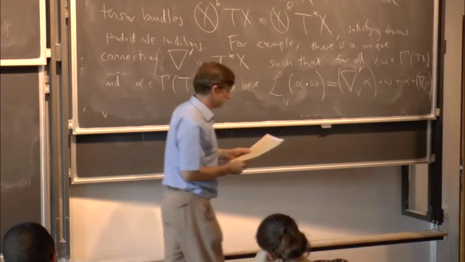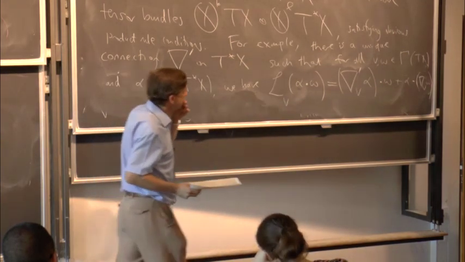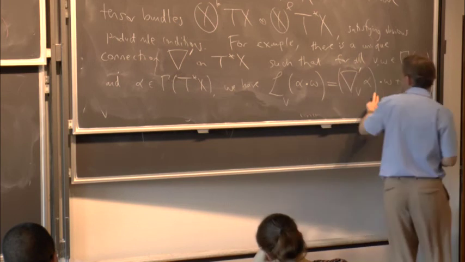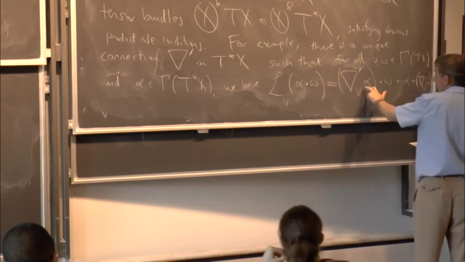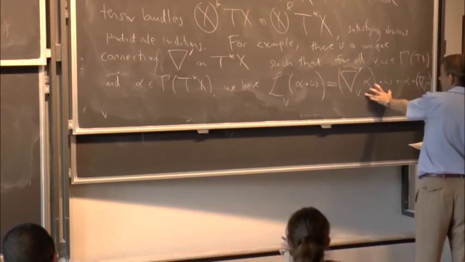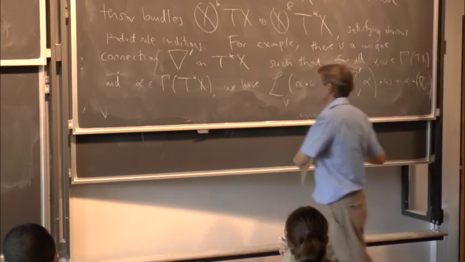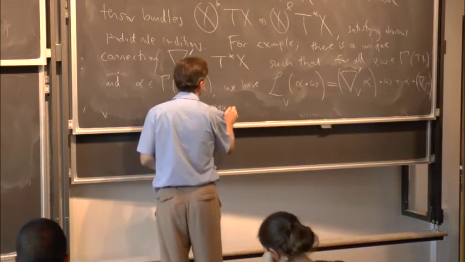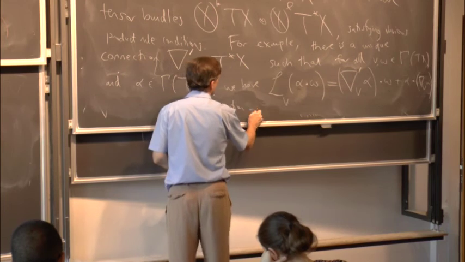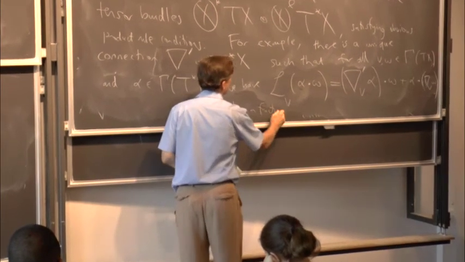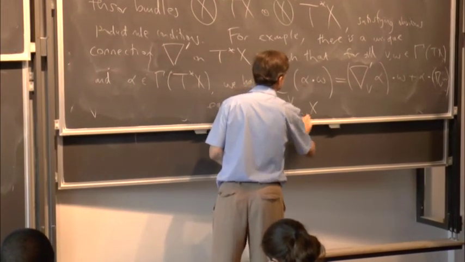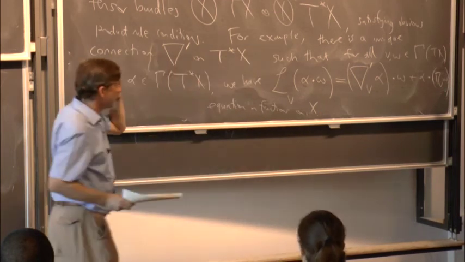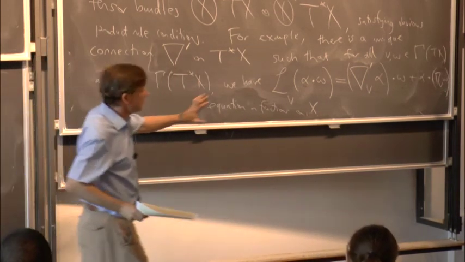Okay, so here, this is a one form. We've differentiated in direction v to get another one form. We contract it with w, get a function. This is an equation in functions on X. So this is just a kind of product rule.